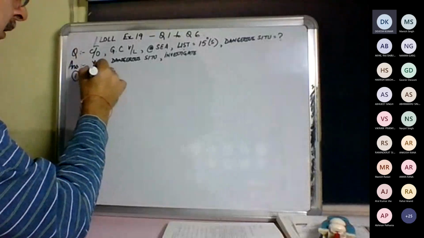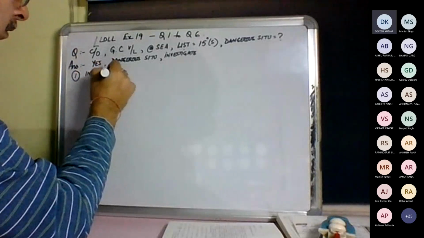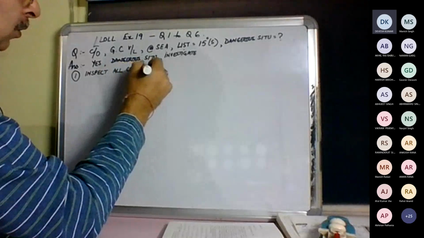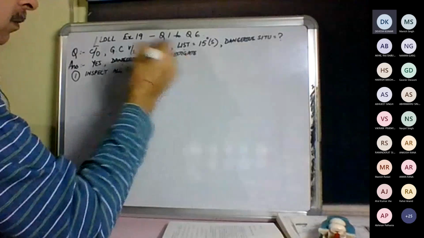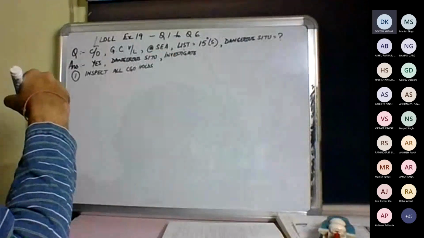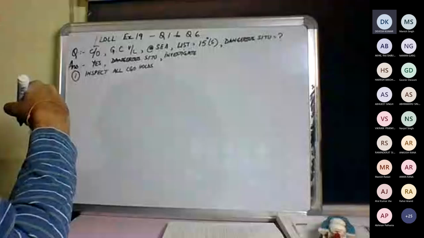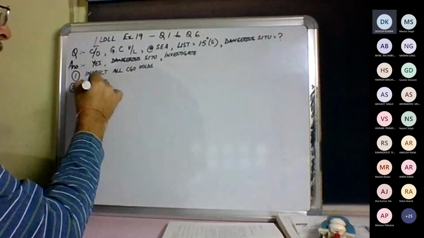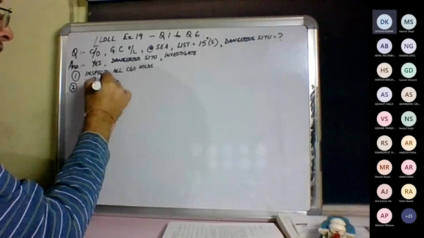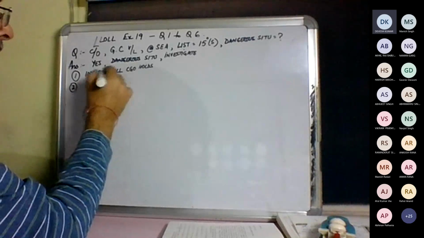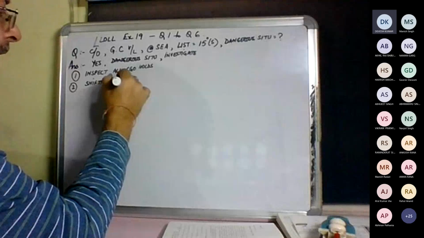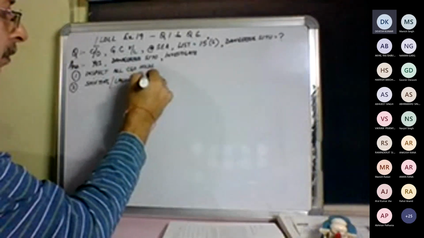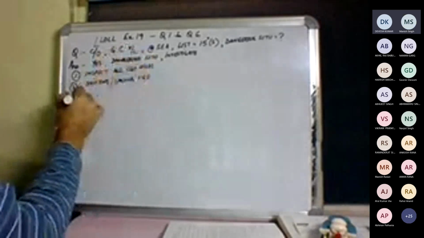You will inspect all cargo holds. You are going to inspect all your cargo holds. And what are you checking for? You are checking for any general cargo shifting. So you are checking for shifting, lashings of the cargo. You are checking for that.